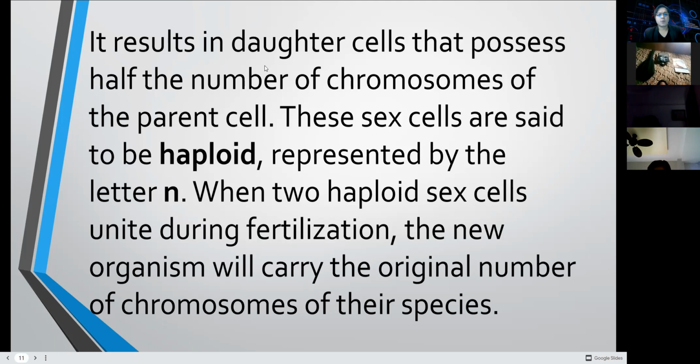Question: why do we need to have a haploid number of chromosomes? Why can the sex cells or gametes not be diploid? What is the connection between having a haploid and a diploid?